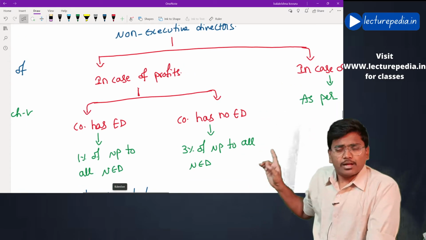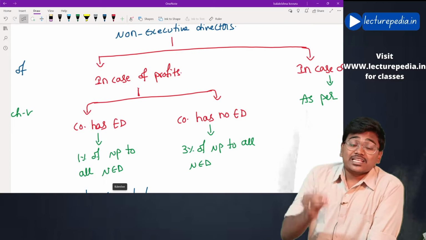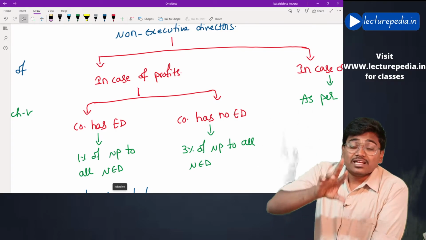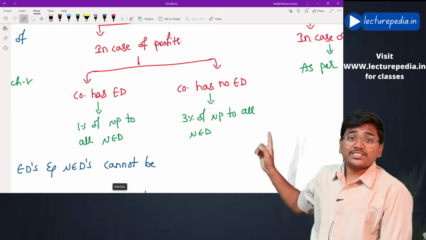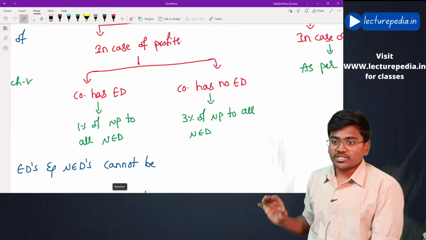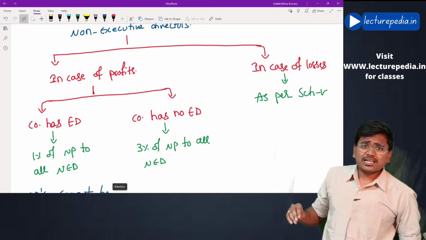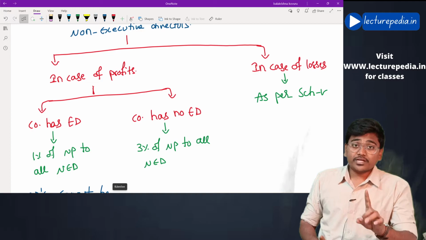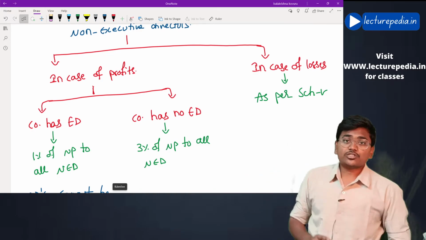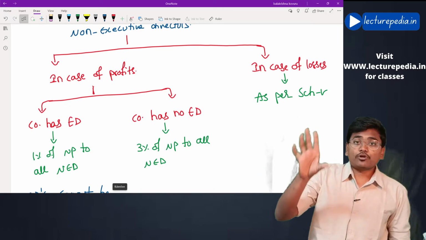See, if the company is having executive directors, then the maximum managerial remuneration that can be paid to all the non-executive directors will be 1% of the net profit of the company. Hope that is clear. If the company is not having executive director, in such case maximum managerial remuneration that can be paid to all the non-executive directors would be 3% of net profit of the company.